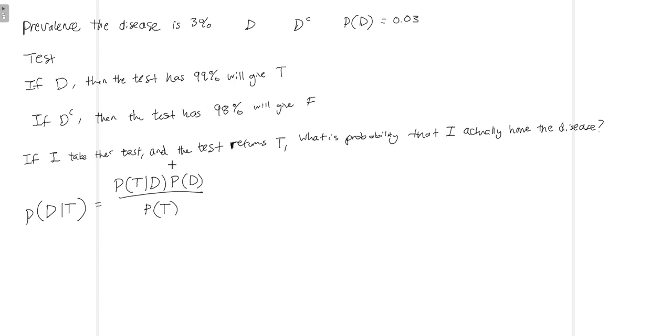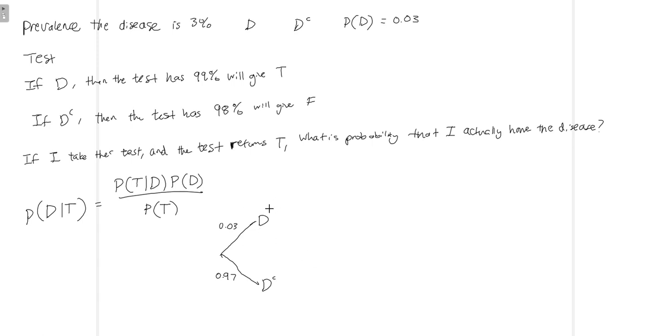So what are these values? If I draw this tree diagram, in the general population, 3% of people have the disease. So if I put disease here, and the complement to disease, which is people without the disease, this will be 0.03, this will be 0.97, 97%, and 3%.